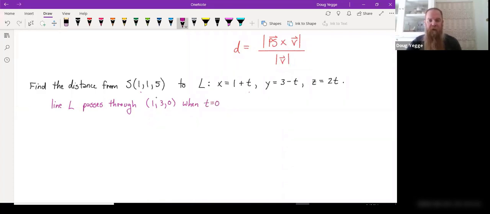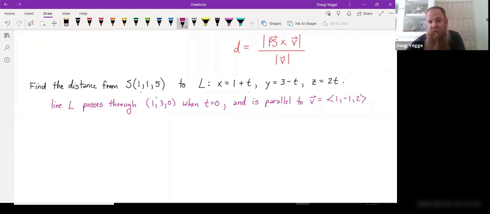That's always going to be the case. And I also see it is parallel to the vector v, which is 1, -1, 2. Those are the coefficients of t. So that's everything that that line actually tells us.